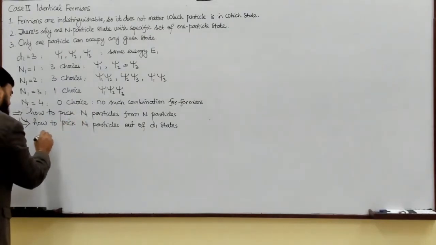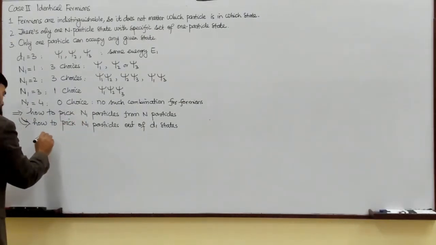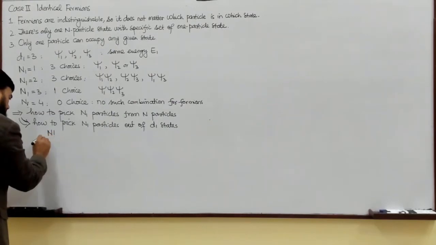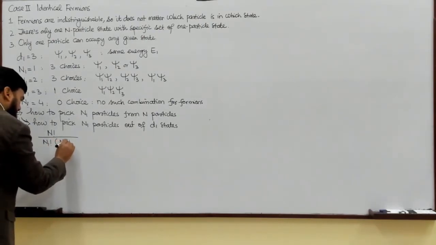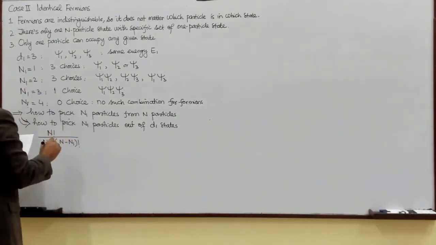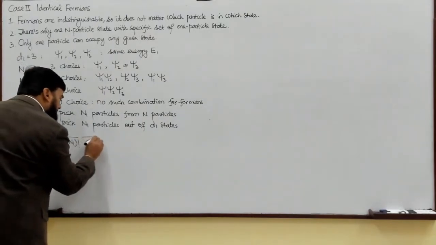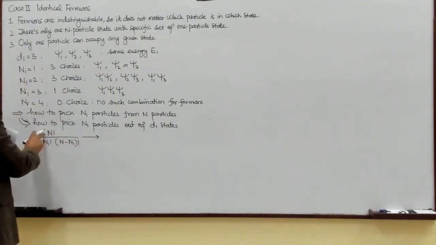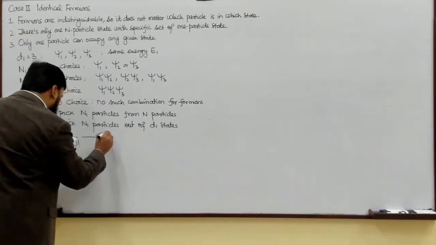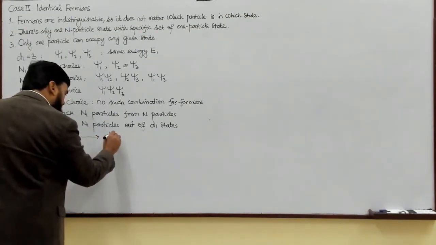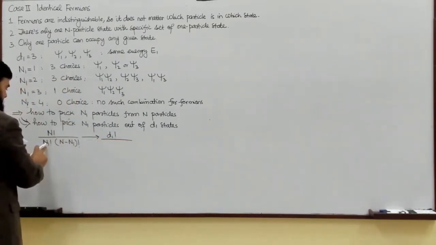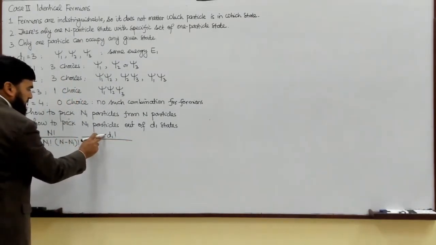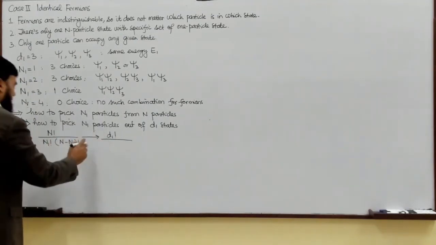For the previous question, the answer was n factorial divided by n1 factorial times n minus n1 whole factorial. Now n factorial will go to d1 factorial, and then, since I am picking N1 particles, what is the situation of d1?